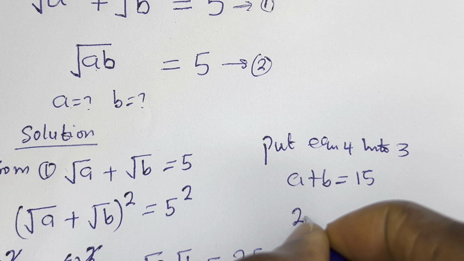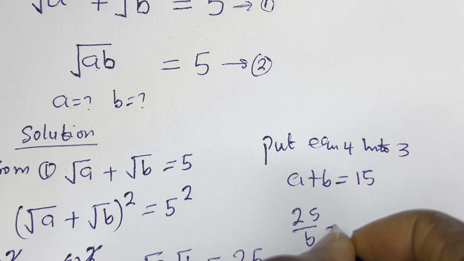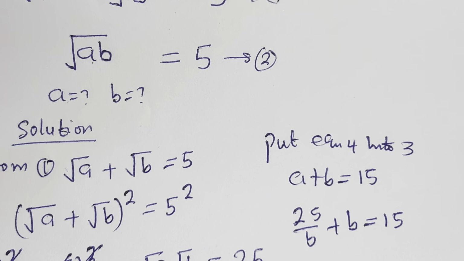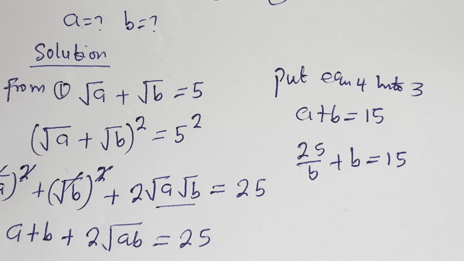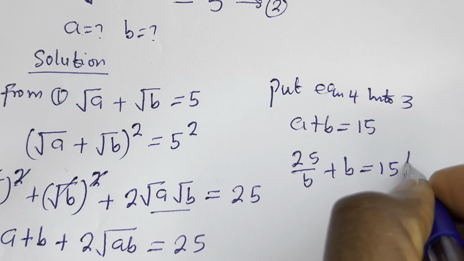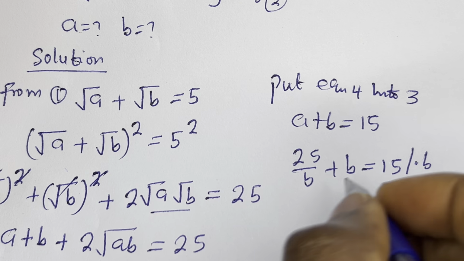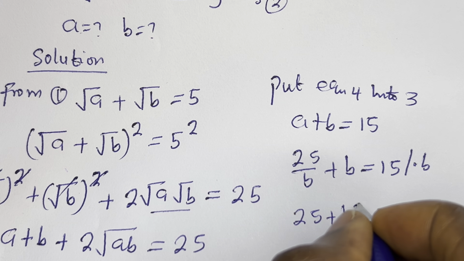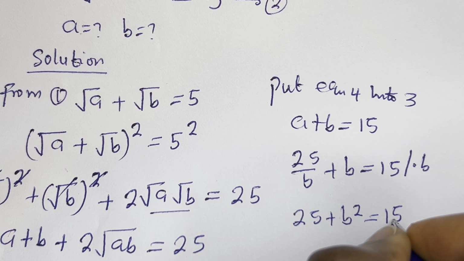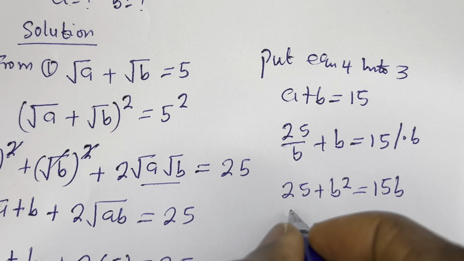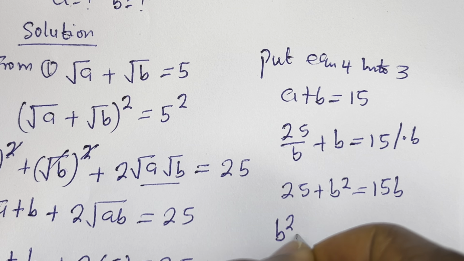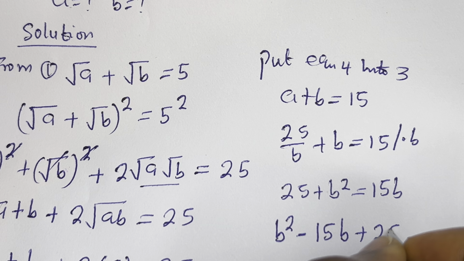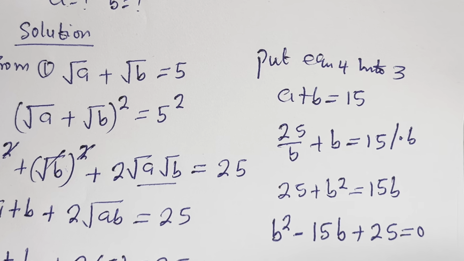We have 25 over b plus b is equal to 15. Let's multiply all through by b. So this is 25 plus b squared is equal to 15b. Now we have b squared minus 15b plus 25 is equal to 0.